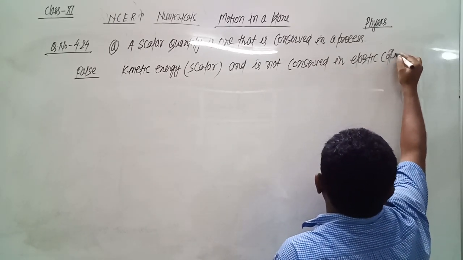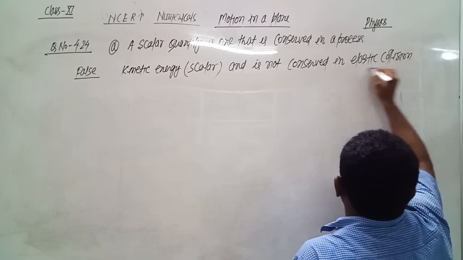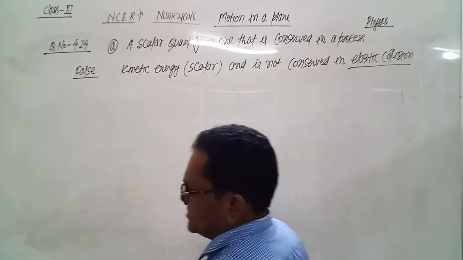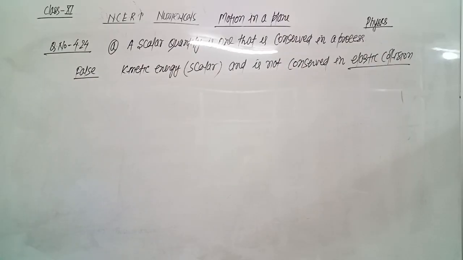We study in the next chapter, work, about collisions. In the chapter on work done, we study about collisions. So in an inelastic collision, the kinetic energy, which is a scalar quantity, is not conserved. Moreover, vector quantities.